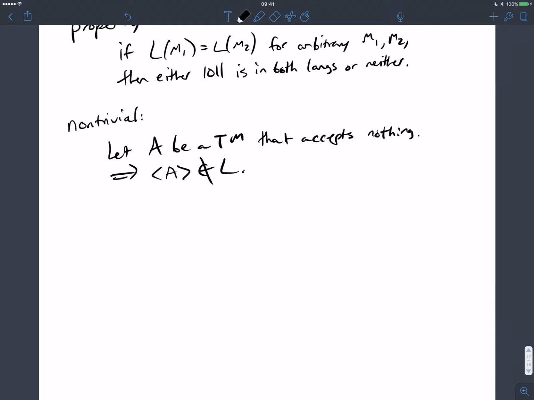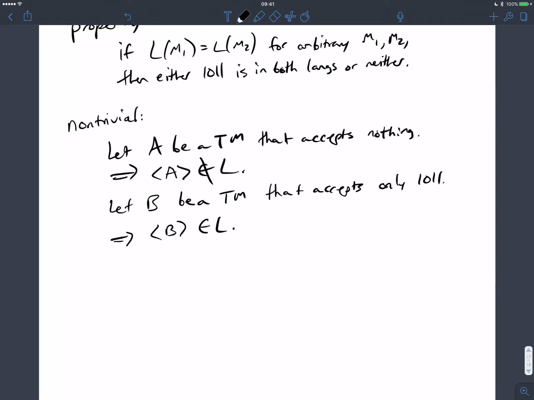Only accepts 1011. Yeah, there are many examples you can pick. So B, a TM that accepts only 1011. Then we know that B is in L. Are we done? By Rice's theorem, L is undecidable.